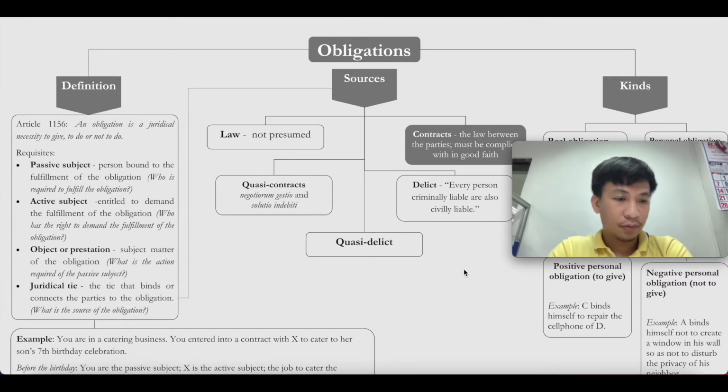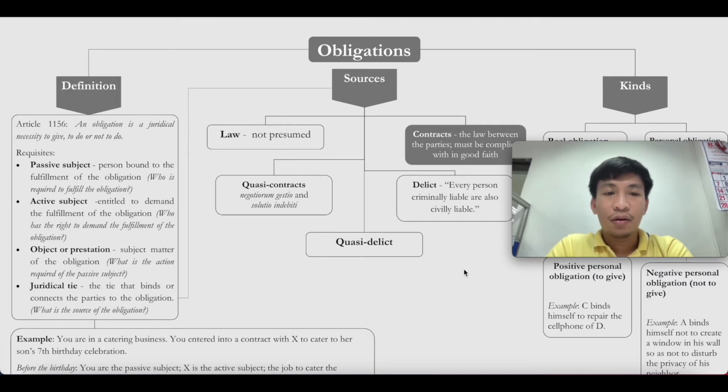So, before we go to the example below, let's go first to the different sources of obligation. There are 5 sources of obligations. We have law, contracts, quasi-contracts, delict, and quasi-delicts.